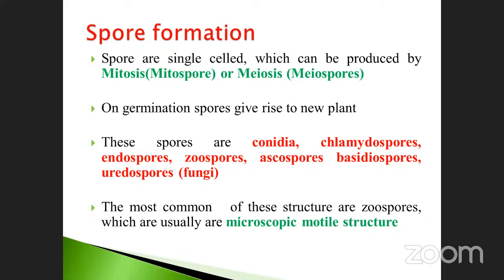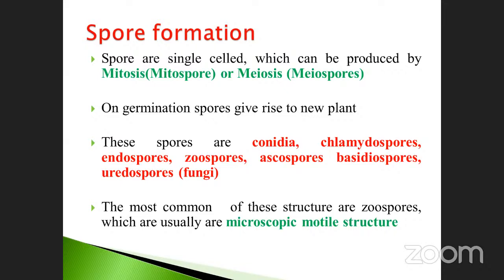Okay, see, these spores are gonidia, chlamydospores, endospores, zoospores, ascospores, basidiospores, and iridospores. These all come under the heading known as fungi. The fungi produce these spores.